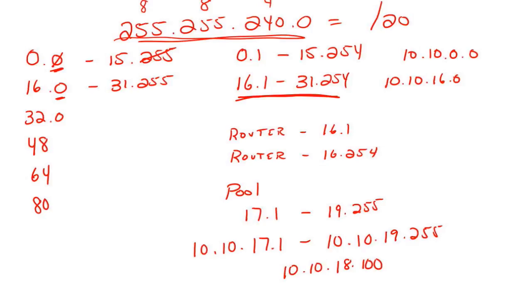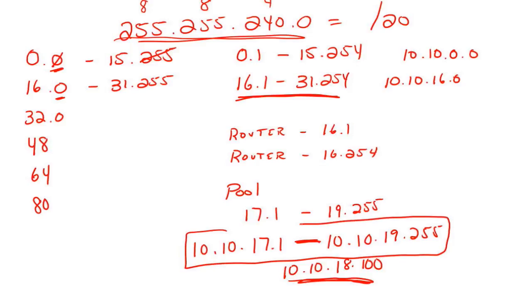Somebody actually has that number as a static number, which means it's permanently in their system. Because that number falls between this grouping of numbers, I want to exclude it from the pool. What an exclusion is: I'm saying this is the pool of addresses that I'm going to issue out, but any number that's excluded will be taken out of that pool.